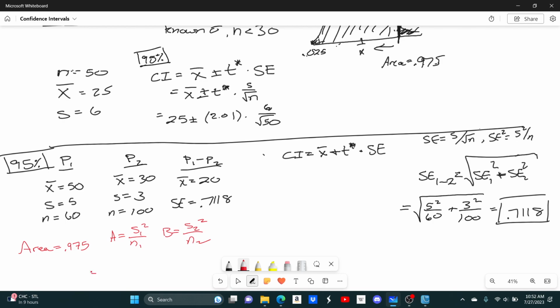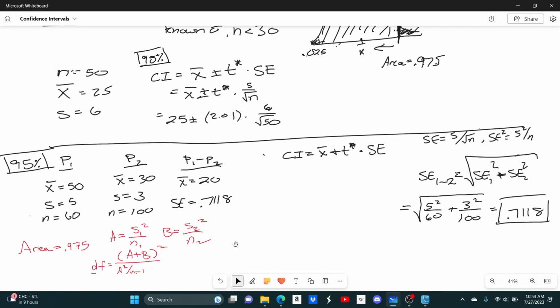Then the degrees of freedom, and don't worry about memorizing this formula. If you really want to, you can type it in the notes section on your calculator. But I highly doubt he'll make you memorize this. It's A plus B squared, all divided by A squared over N1 minus 1. Let me just scroll down a little bit, actually.